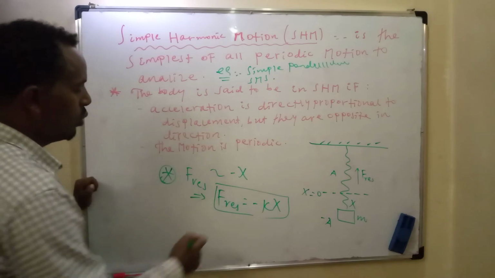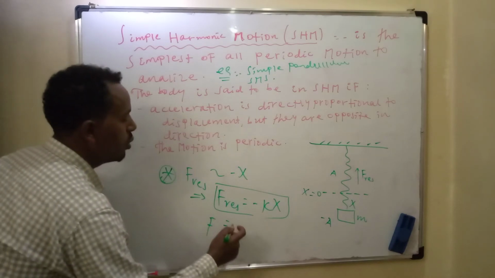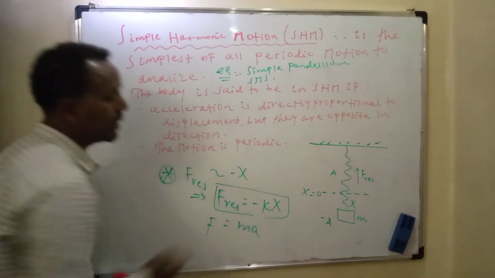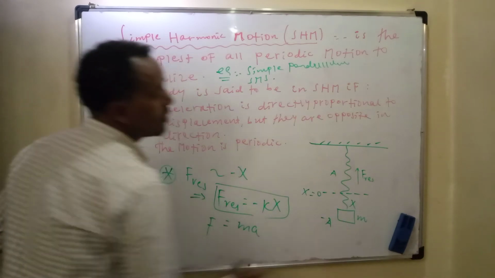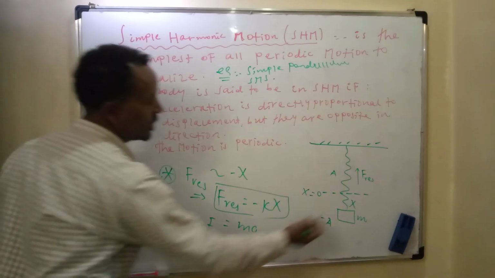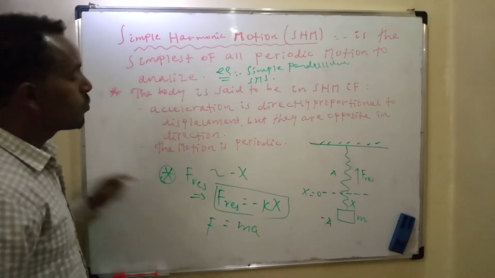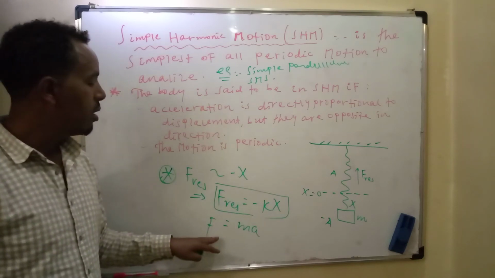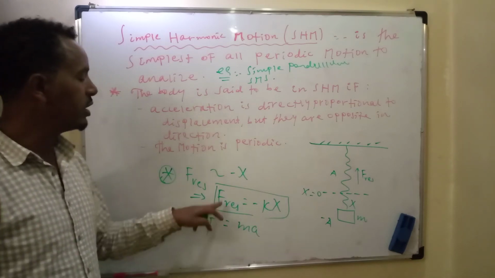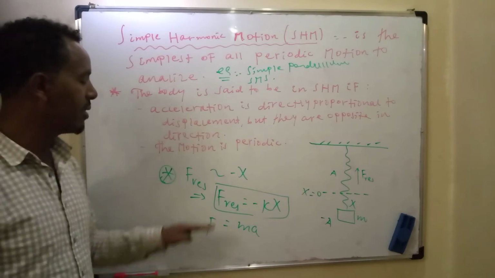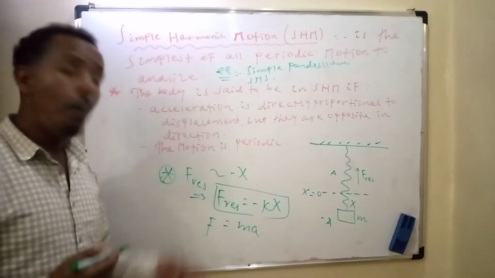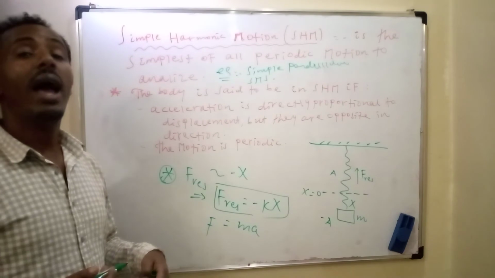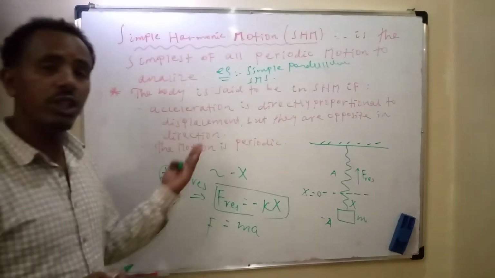From Newton's second law, force equals mass times acceleration. This is the mass of the spring system and its acceleration. Now, when you combine these two equations, force, mass times acceleration, and the restoring force, minus kx, the two forces are opposite in direction but equal in magnitude, action and reaction.